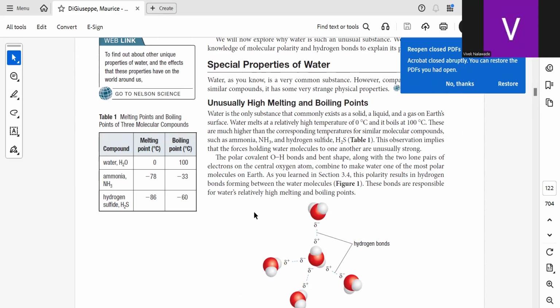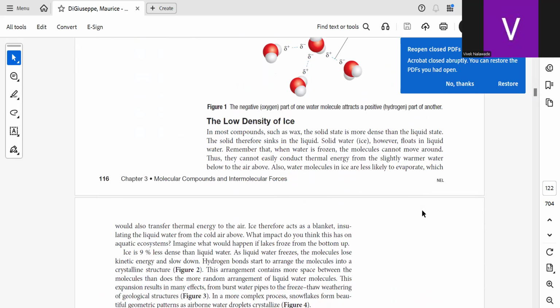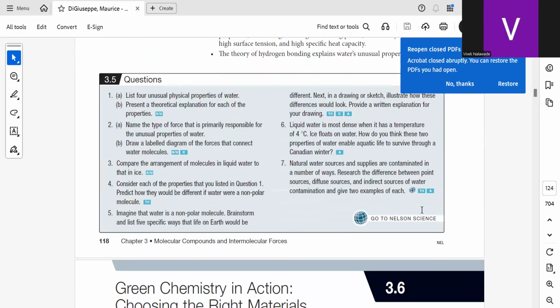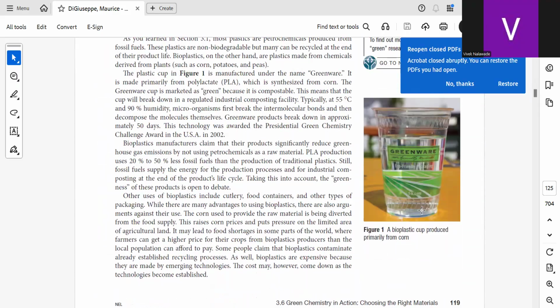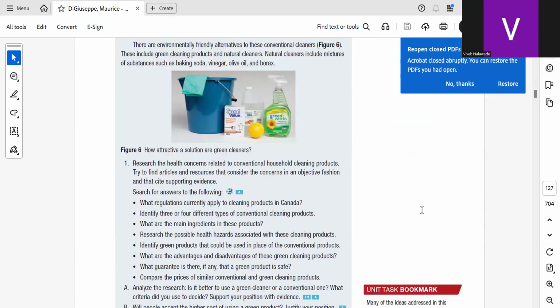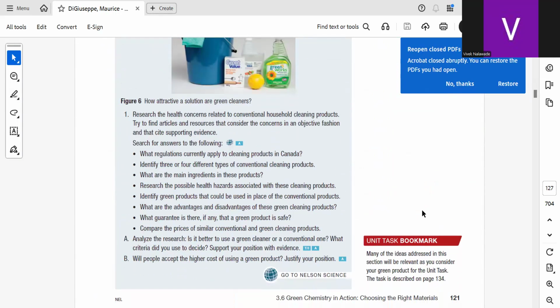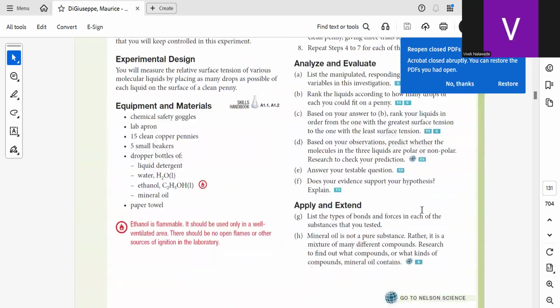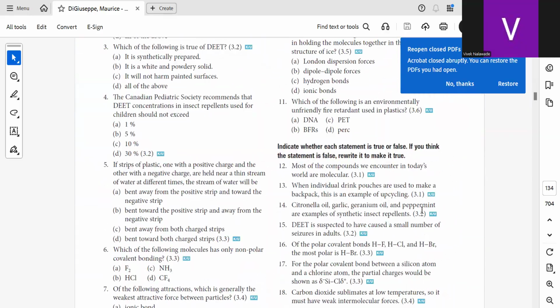If it is polar, it will dissolve in polar solvent. If it is non-polar, it will dissolve in non-polar solvent. Ionics are generally polar, so they will dissolve in polar solvent. What happens and how, we will discuss in the next class.